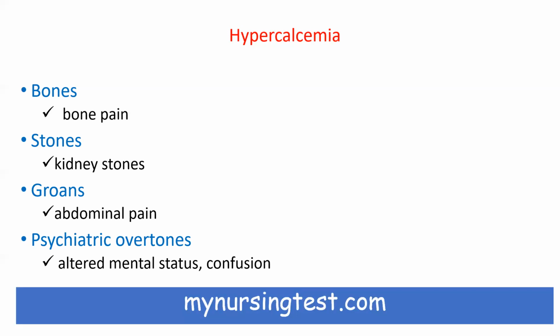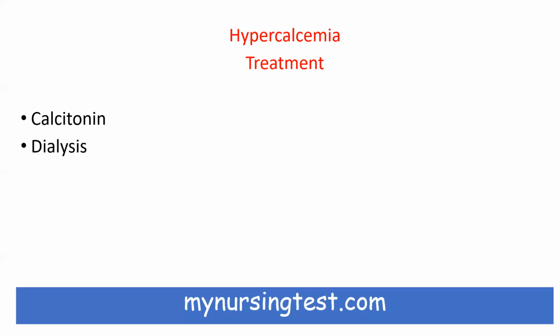How do we treat hypercalcemia? We're going to give the client a medication called calcitonin, right? And if it's really severe, we're going to do dialysis. Calcitonin and dialysis.